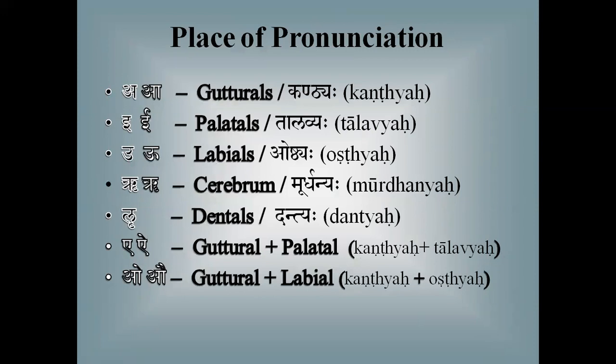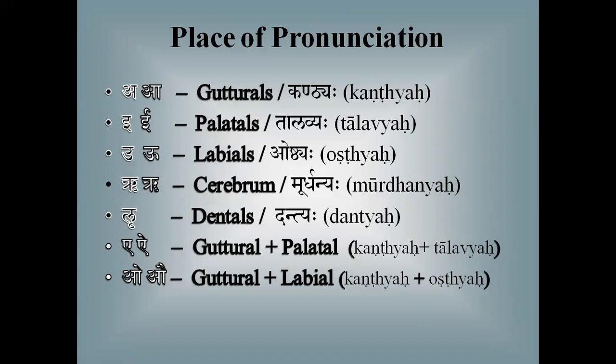A, I, combination of Kantyaha plus Talavyaha. O and Au, Kantyaha plus Oshtyaha. So you can remember the Samskrita words. Kantyaha, Talavyaha, Oshtyaha, Murdhanyaha, Dantyaha.